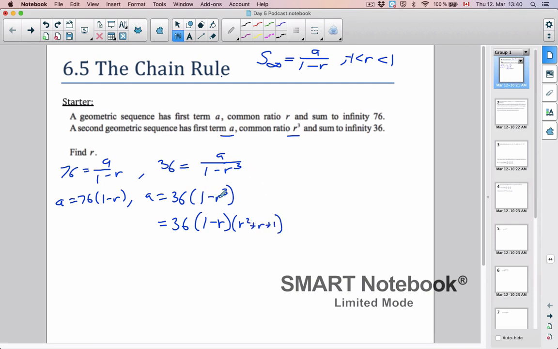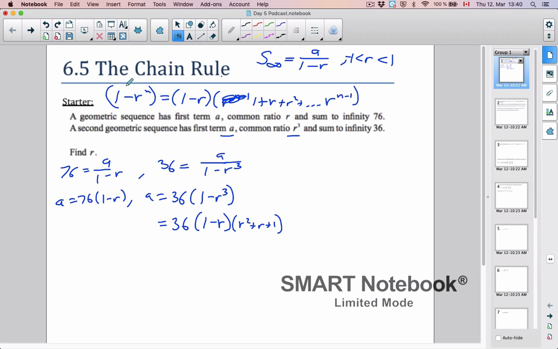Okay, so this is going to be a very important type of factorizing that we're going to do later with complex numbers, but in general, if you have 1 minus r to the n, it factorizes to 1 minus r times 1 plus r plus r squared plus dot dot dot, all the way up to r to the power of n minus 1.